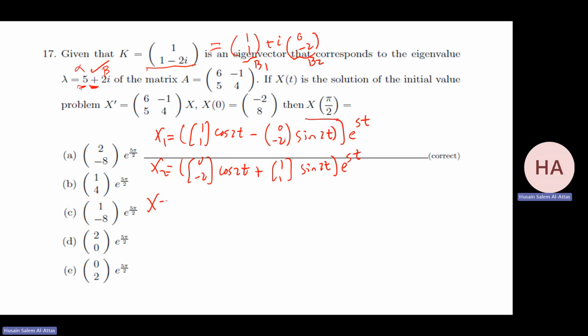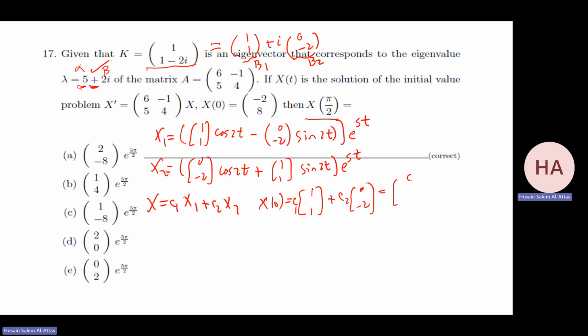My solution will be c1 x1 plus c2 x2. Now I need to check x at 0. Sine 0, so I have (1, 1), cosine 0 is 1, the rest are nothing, times c1, plus c2 (0, -2).